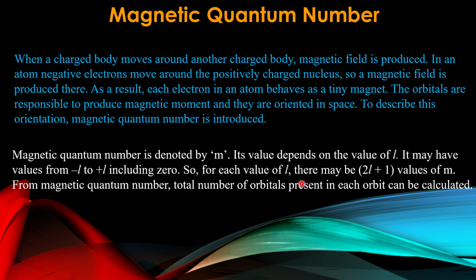That means there are 5 values of M. So from there we can tell that there may be 2L plus 1 values of M. From magnetic quantum number, the total number of orbitals present in each orbit can be calculated. If you know the magnetic quantum number M, then you can calculate the total number of orbitals present in an orbit.